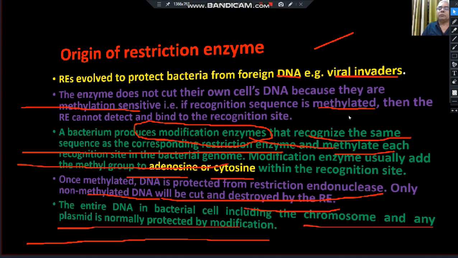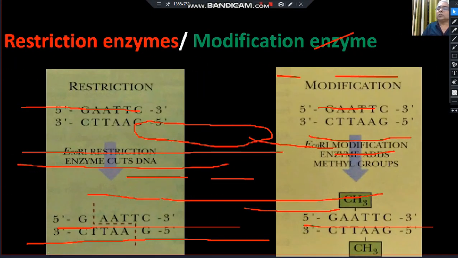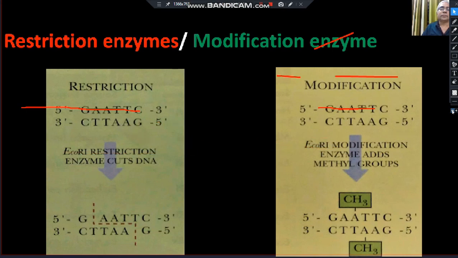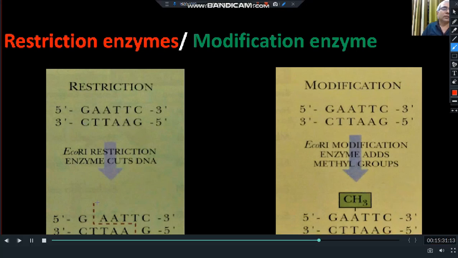Now, अब हम देखेंगे कि how these modification enzymes in fact act. Suppose there is a restriction enzyme EcoRI. Now this EcoRI cuts at this location, and at this location if a nucleotide sequence G A A T T C is present.